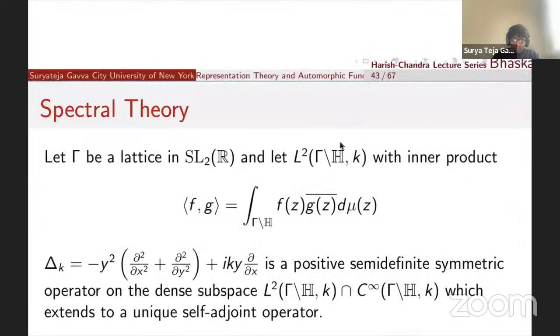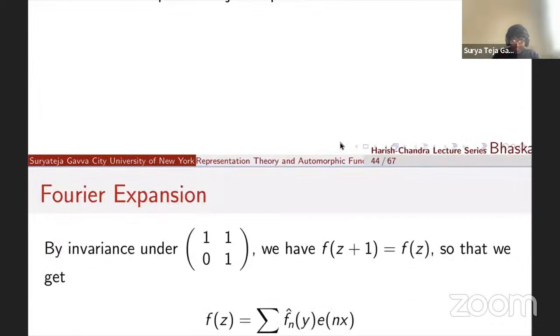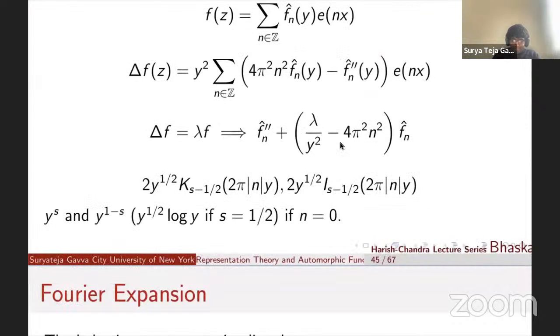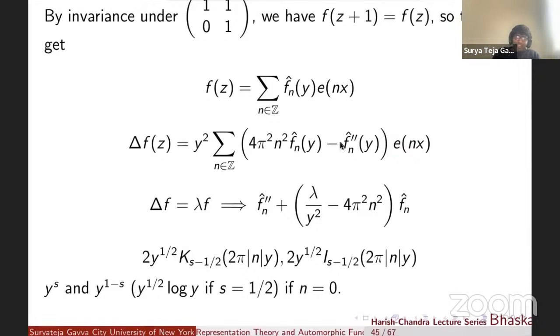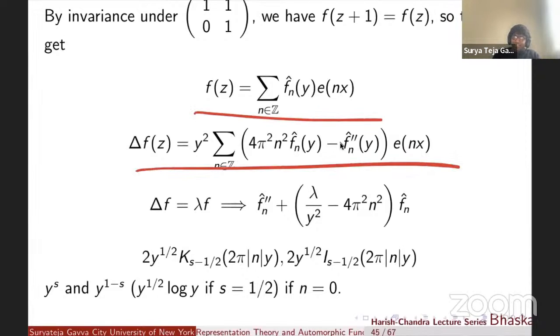You can try to write down Fourier expansions for the Maass forms. Because these are not holomorphic, the Fourier expansions won't just look like e to the 2 pi i n z.